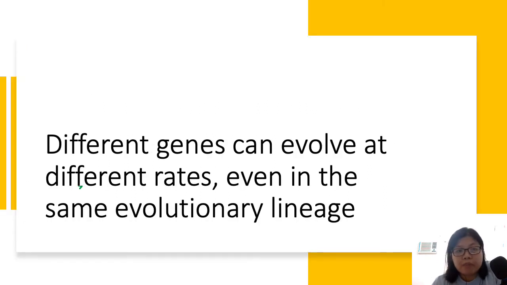You must also remember that different genes can evolve at different rates, even in the same evolutionary lineage. So you have to select which genes you need to use depending on the objective of your study.